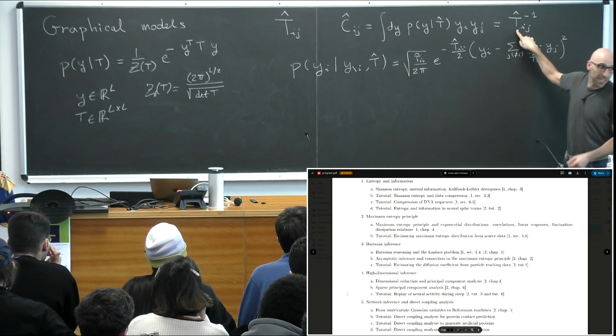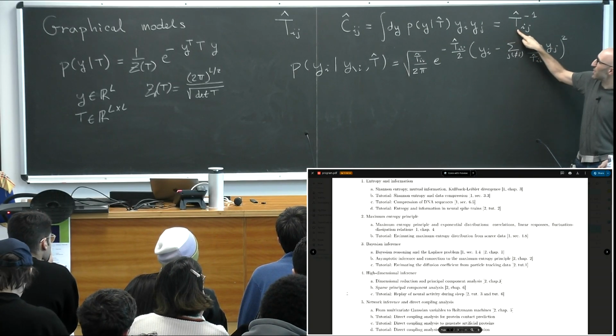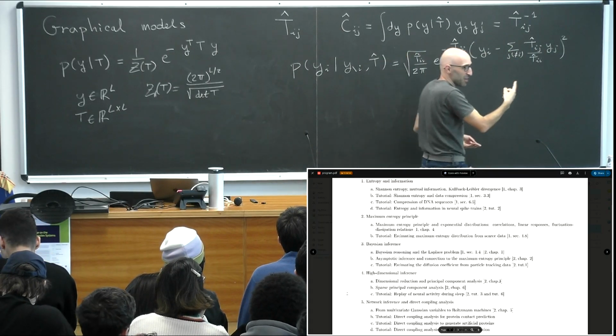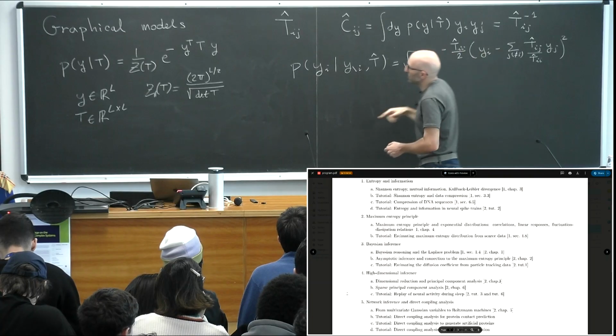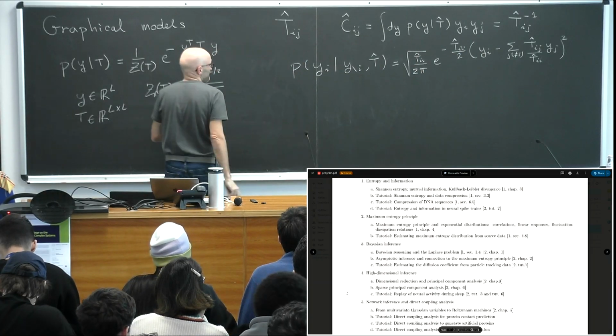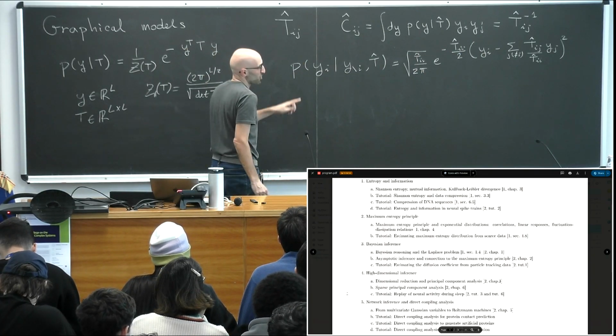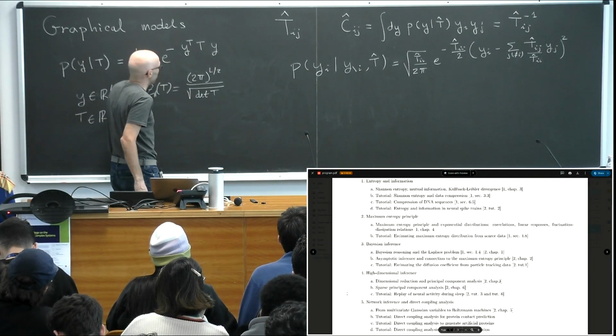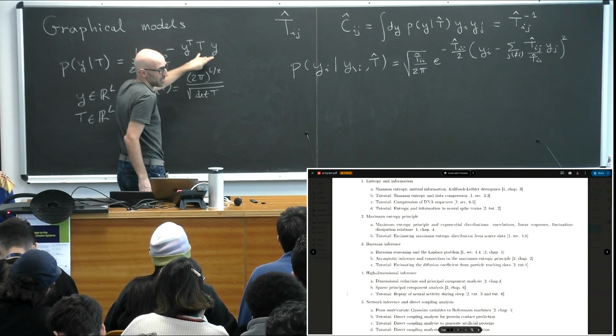So, okay, this formula, I didn't derive it. There are many ways of deriving it. It's basically Gaussian integrals. One possibility is to use the fact that the correlation is the derivative of the logarithm of z with respect to tij, right?